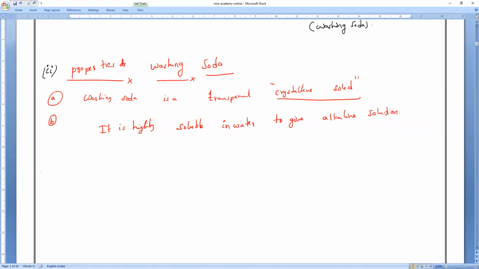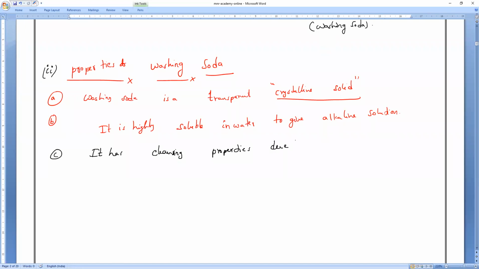Next. It has cleansing properties, a cleansing nature. That is why we use it in the manufacturing of detergents.